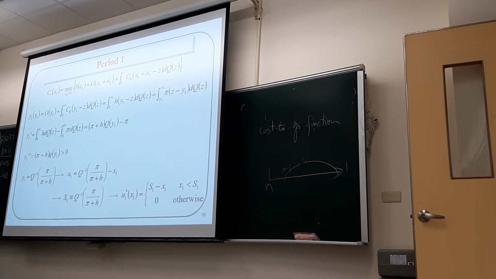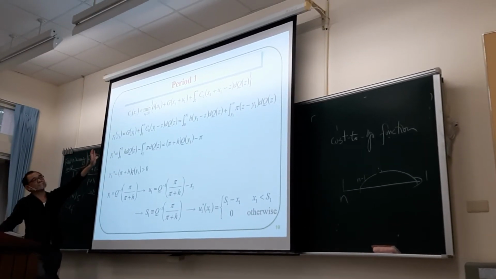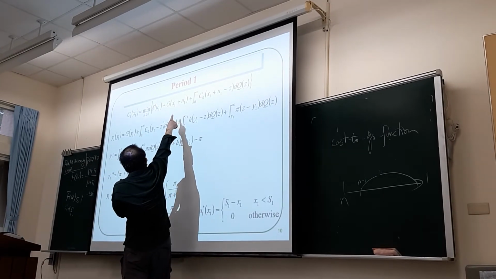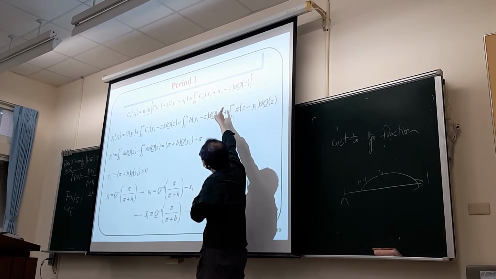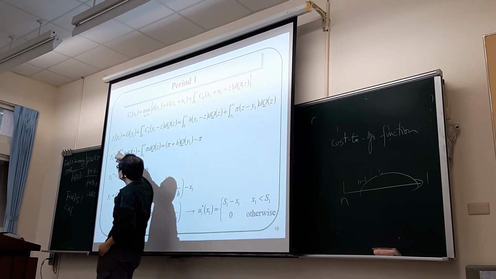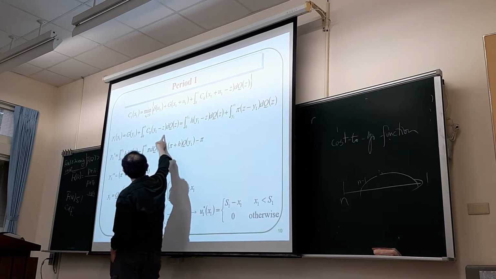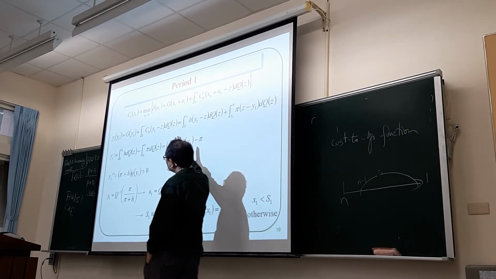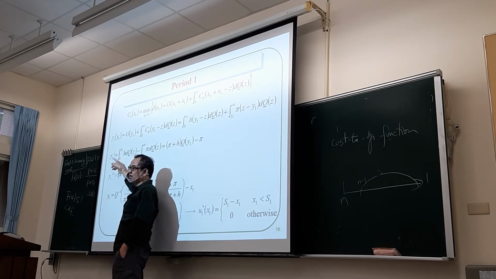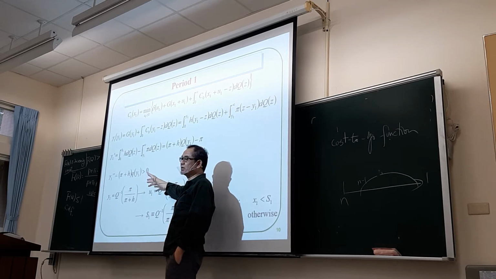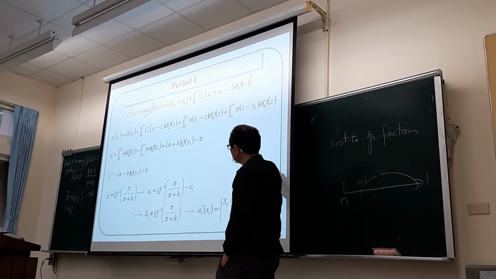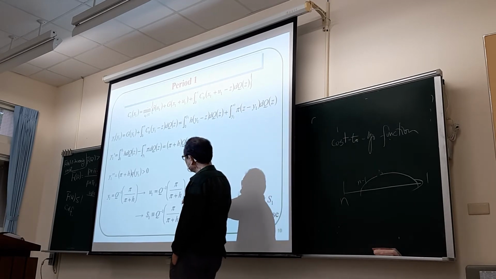Now let's rerun it, just like the newsvendor problem, the period 1 problem. Use this set of notations. So we define G and the integration as gamma 1 of y1. We take the first and second derivative of gamma 1 and find the second derivative is positive. By setting the first order condition, we get this result.